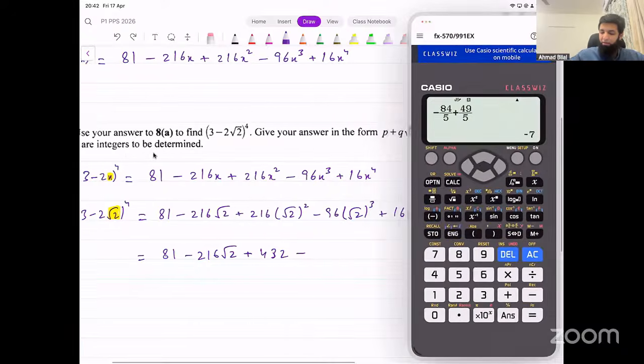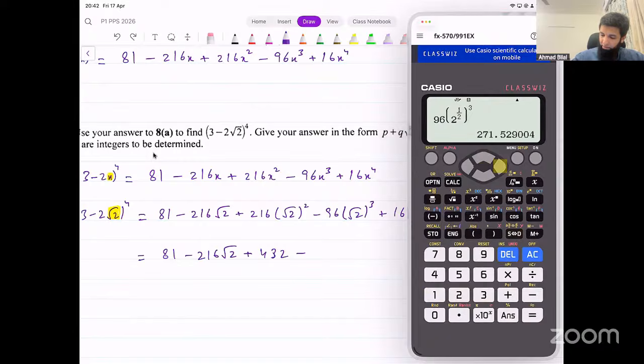Just put this on a calculator like this. 96 into under root 2 whole cubed. Okay, and that does not give you this. That's not very good. Let me try this if that helps. 2 raised to power 3 over 2. Let's see if the calculator, no, 1 over 2.